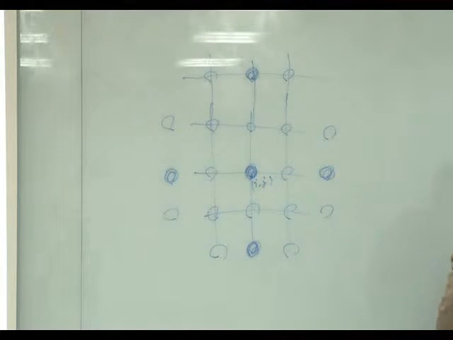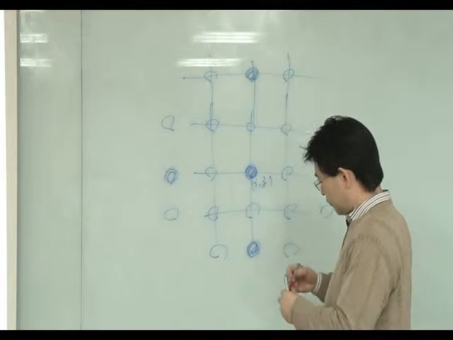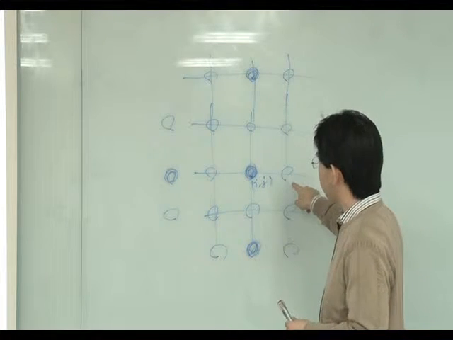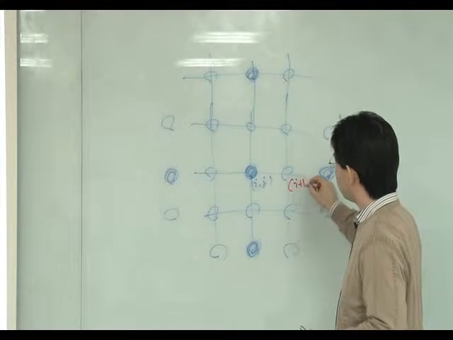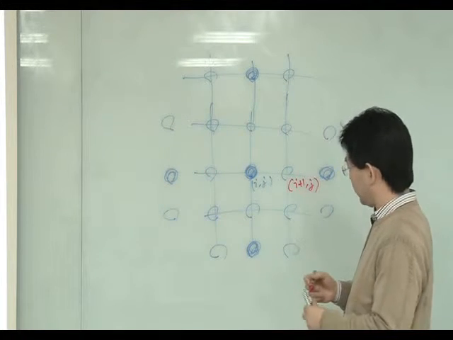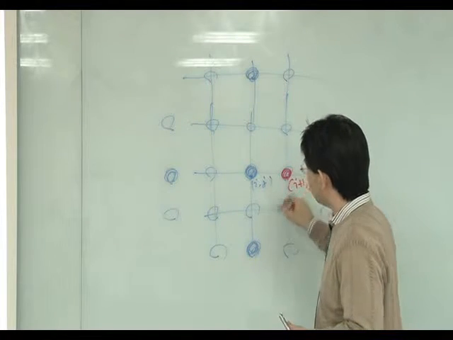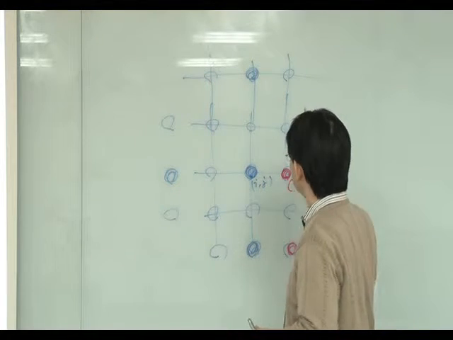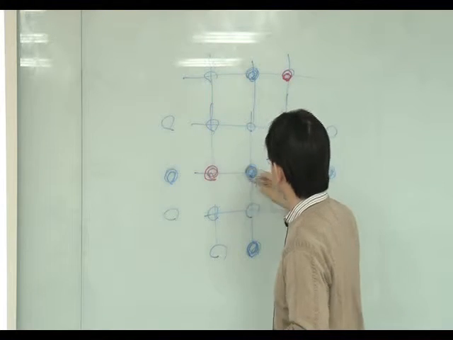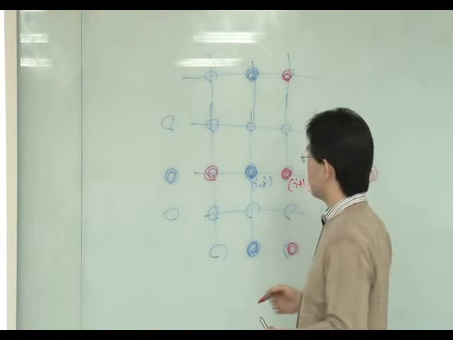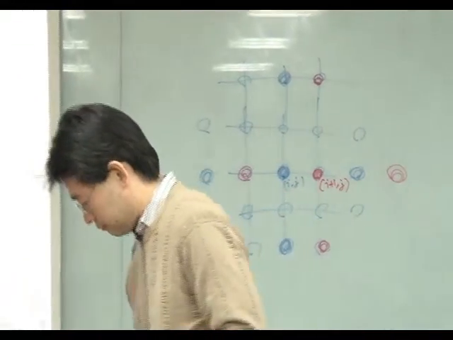However, for example, at the i plus 1, j point, the required points are this one, this one, this one, this one, and this one. There is no connection between these two evaluations.